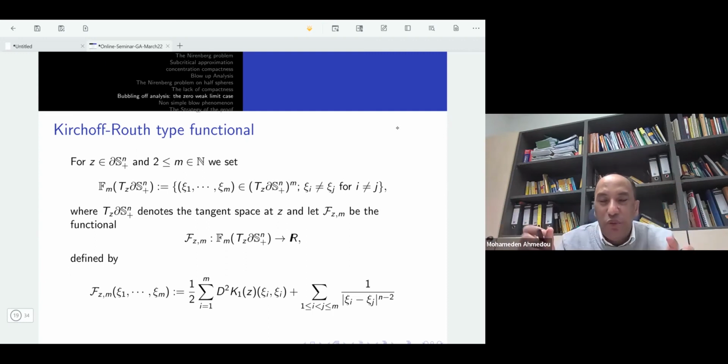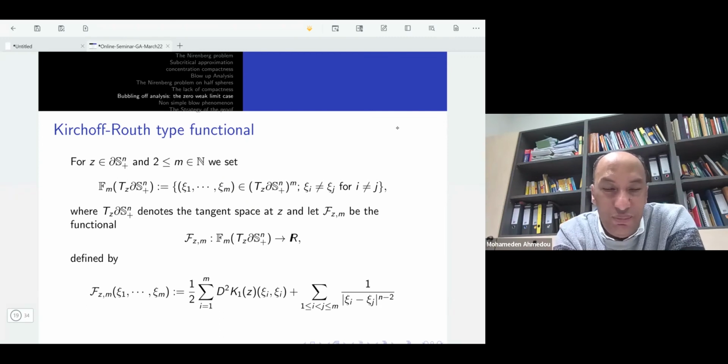So this means all the points xi, xj, so that xi is not equal to xj. And then you define your function to be 1/2 of the Hessian matrix of K1 applied to xi plus some kind of Coulomb potential. So it's very surprising that this physical quantity here arises in a purely geometric context.